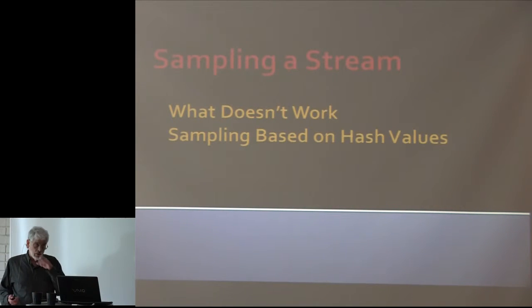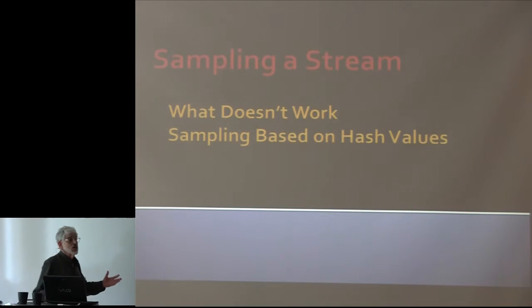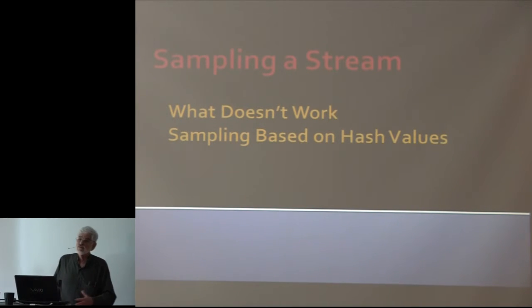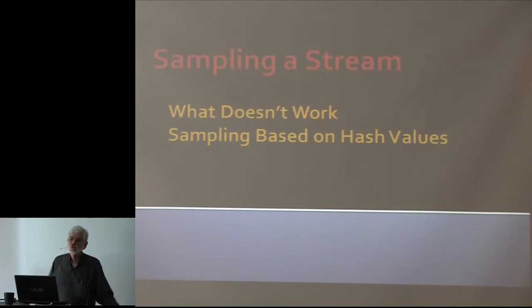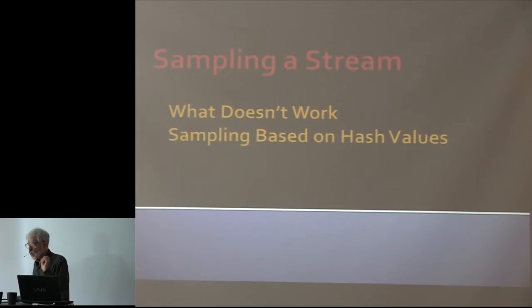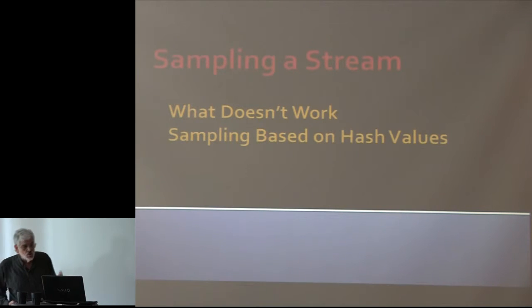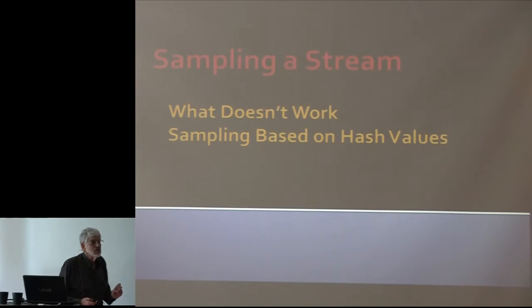This is a very common problem. Again, it's also a problem in databases. You have some humongous set, and you could process the whole thing, but if you take a random sample, very often you can get the right answer. But what I want to show you is you've got to do it right.